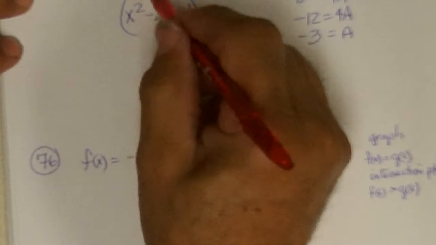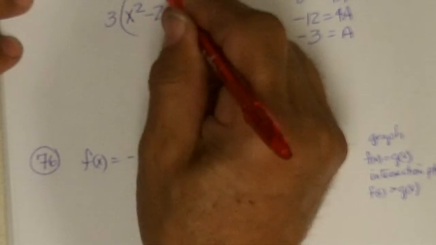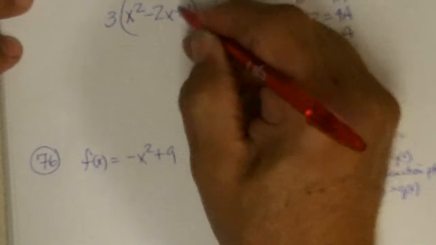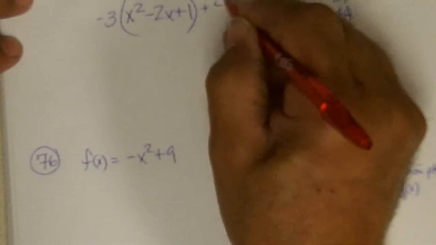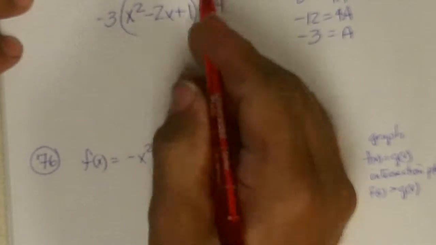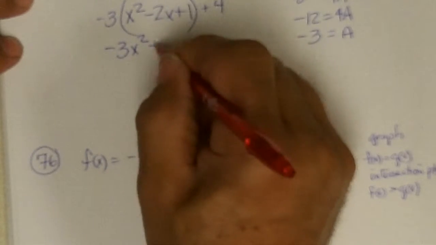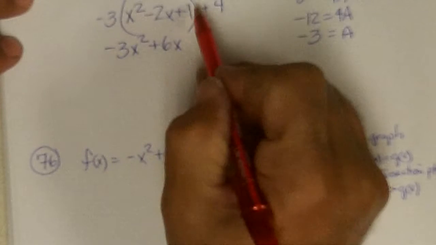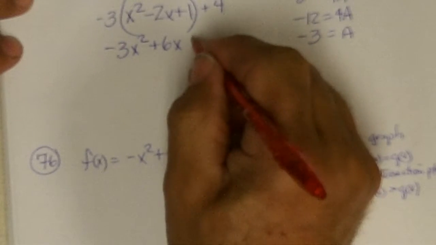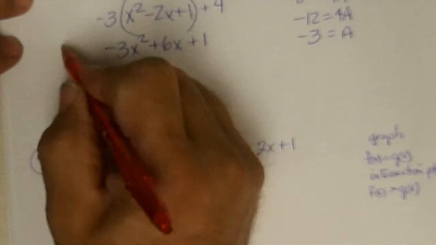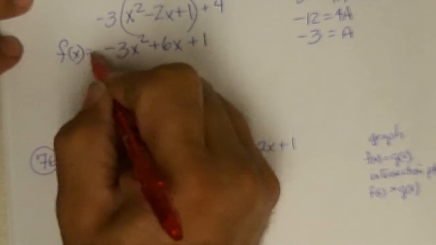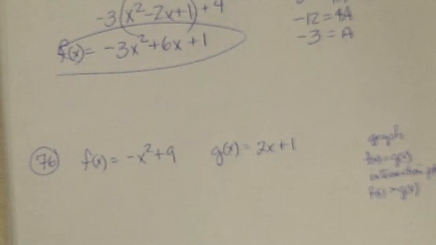That's what this squared is, and that's all times -3, and I got to do the square before I multiply. And so now if I multiply the -3 in, I get -3x^2 + 6x - 3 + 4 is plus 1. And there's the answer they were looking for.